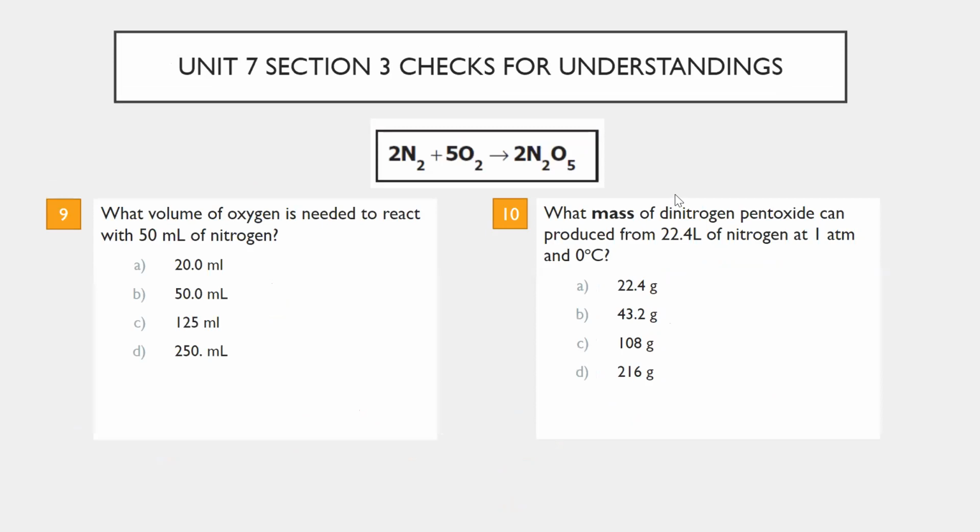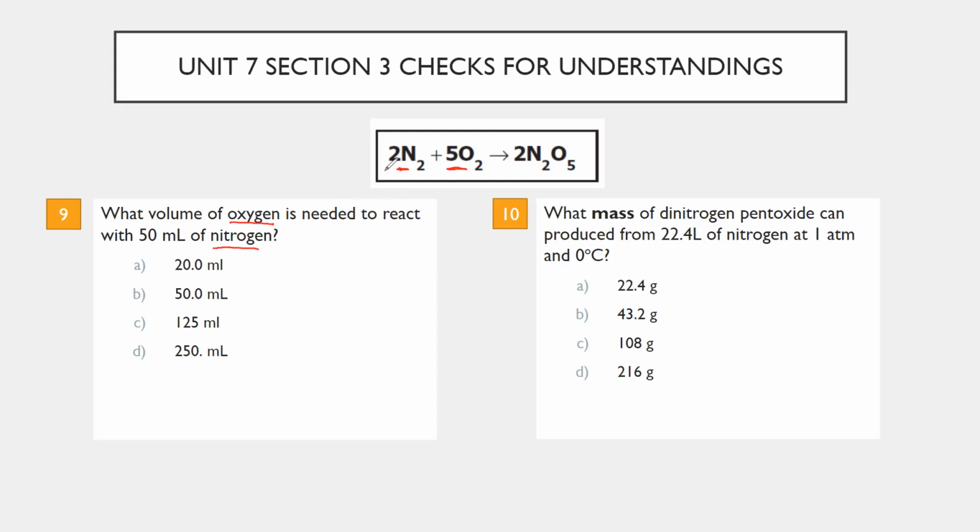Probably should have done the same thing for these, but we'll see. This one is a long one too. Okay, so what volume of oxygen, let me get my annotation tools up here, I'm just going to write all over the screen. So what volume of oxygen is needed to react with, we're talking about these two right here, 50 milliliters of nitrogen.